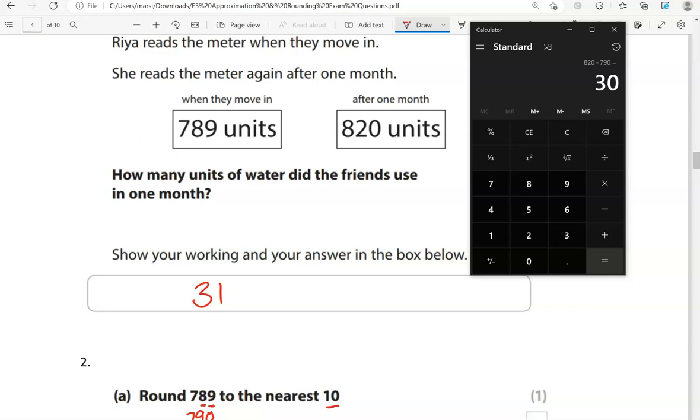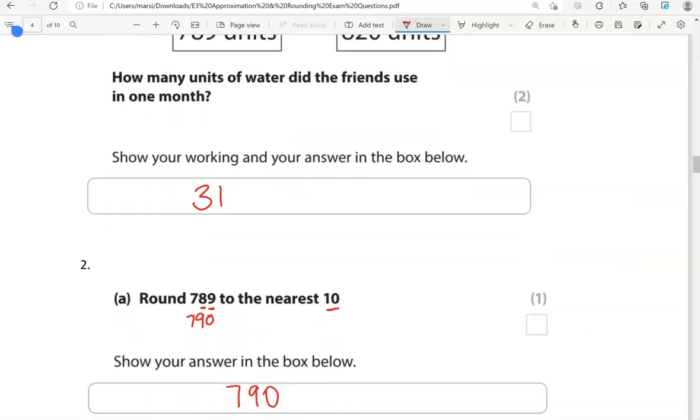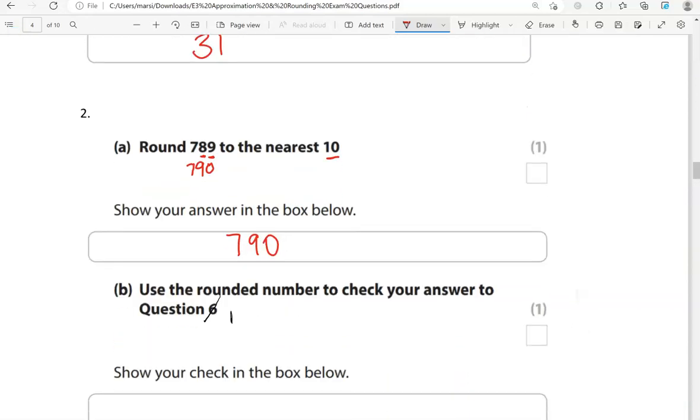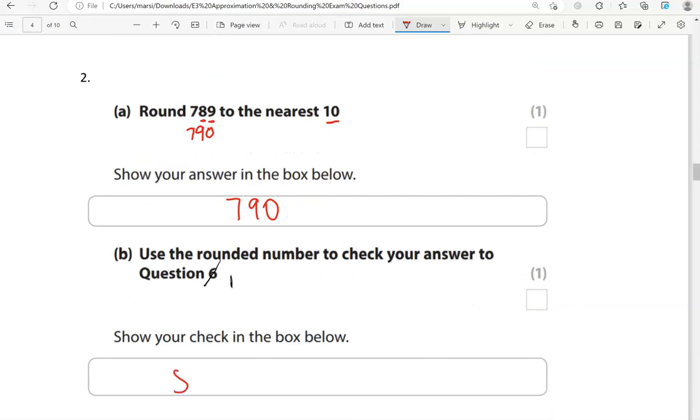So that tells us that the 31 we had here was very close to it, so it's accurate.